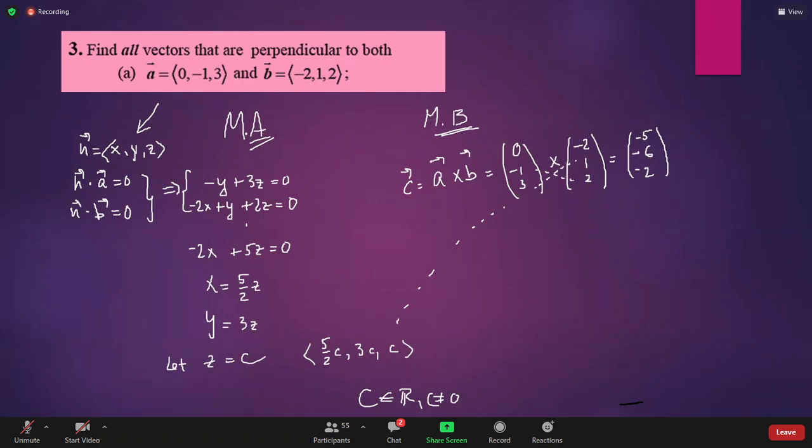So I could say that a vector perpendicular to both A and B is any vector in the form (5k, 6k, 2k). I could write minus 5, minus 6, minus 2, times k, but what if we simply change the sign of k? So for all k that are not 0.